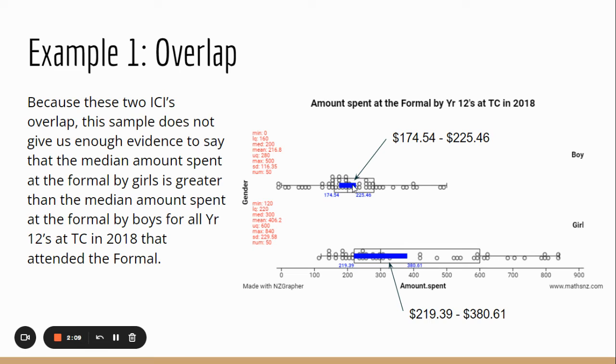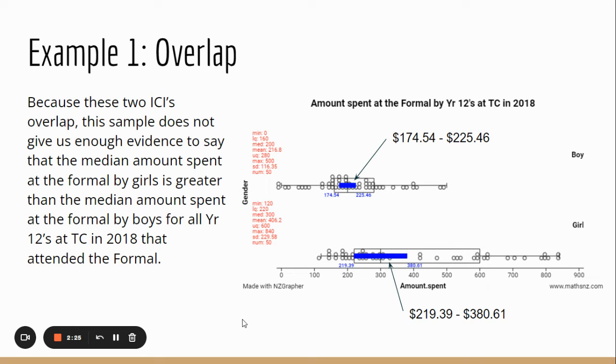So if we say that this one is less than and this one is greater than, what if the actual median back in the population is right on this end and right on this end? Then this one's greater than this one, and we're wrong. So if they overlap, we can't say anything.